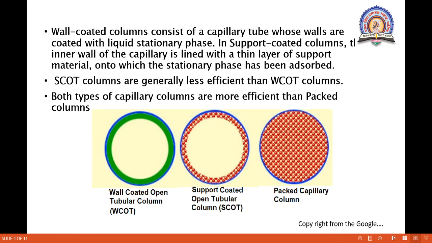Wall coated columns consist of a capillary tube whose walls are coated with a liquid stationary phase. So see here, wall coated open tubular column. This inner wall is coated with the liquid stationary phase, while in the support coated column the inner wall of the capillary is lined with a thin layer of support material onto which the stationary phase has been adsorbed.